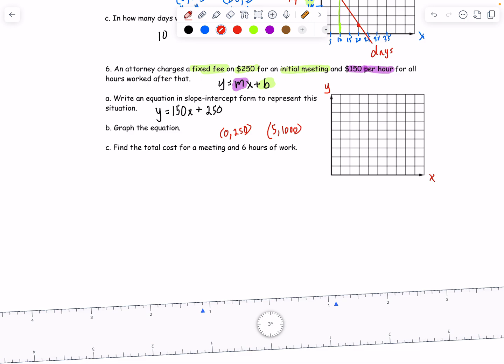So you got to think, all right, well, what intervals could I go by to make sure that we could graph those points? You could do whatever you want. I might go with 200s. So this will be 200. This is 400. This right here would be 600. This right here would be 800. And this right here would be 1,000.